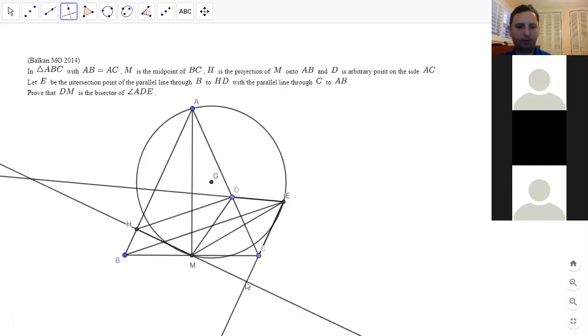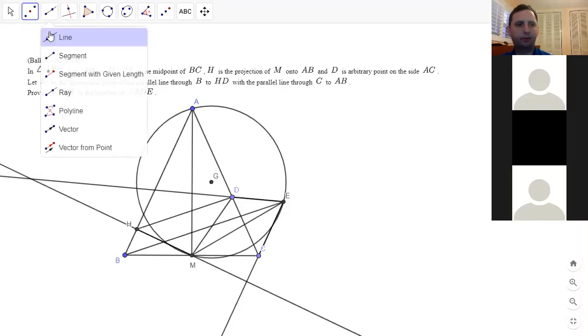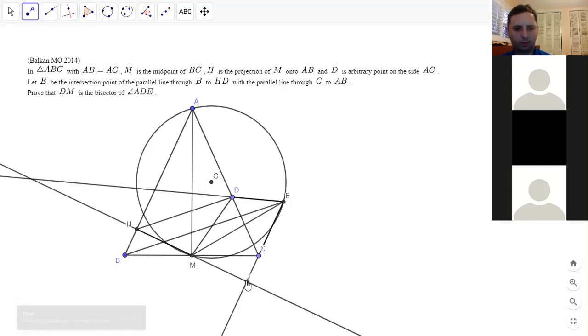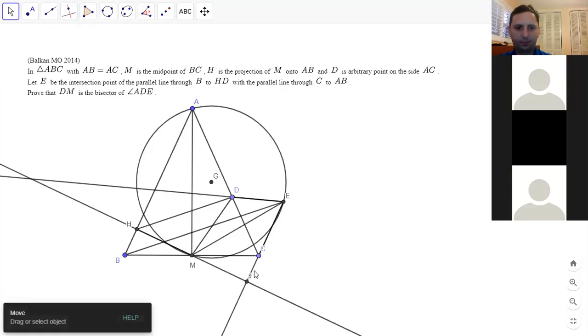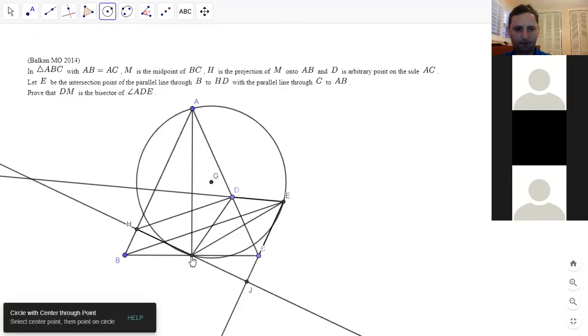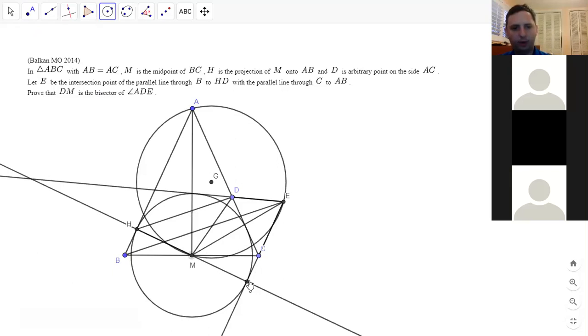Maybe there's something special about the excenter. Oh, but HM is perpendicular, so maybe it's a good idea to draw this. So MH is equal to MJ. So if we could show MJ is like the radius, or if we can show MH is the radius of the excenter circle of ECD, that would solve it.